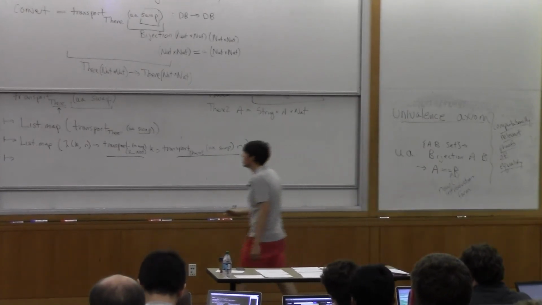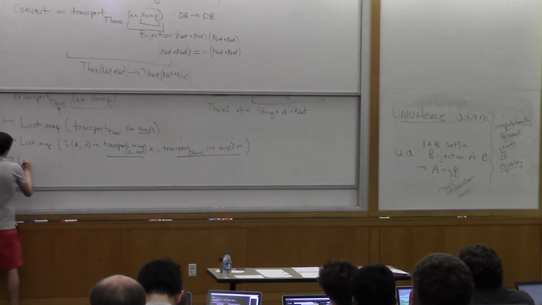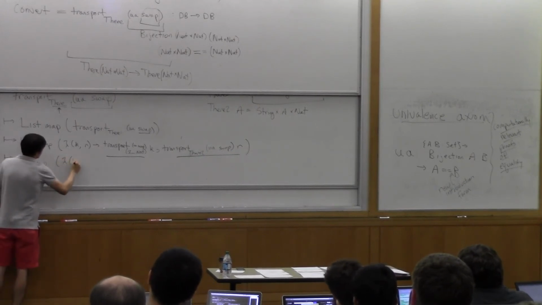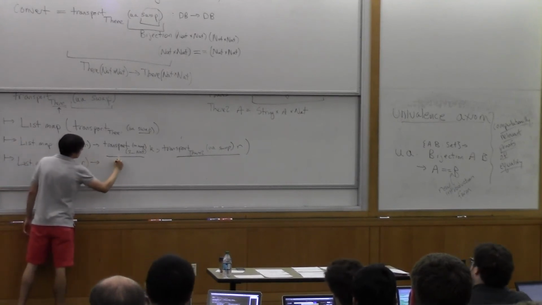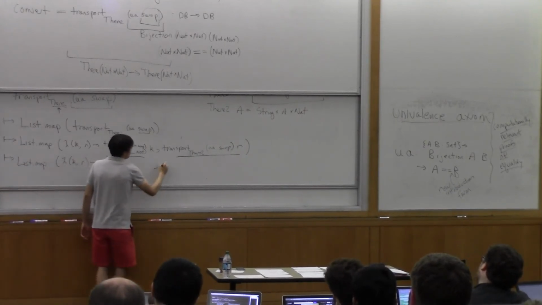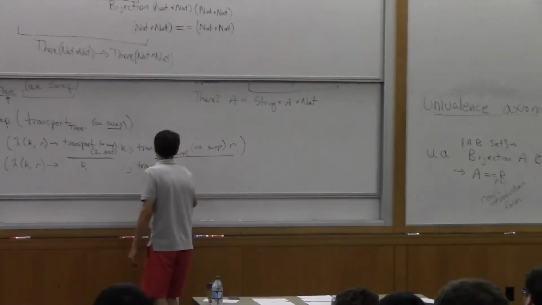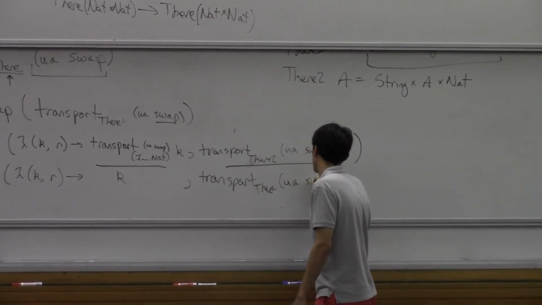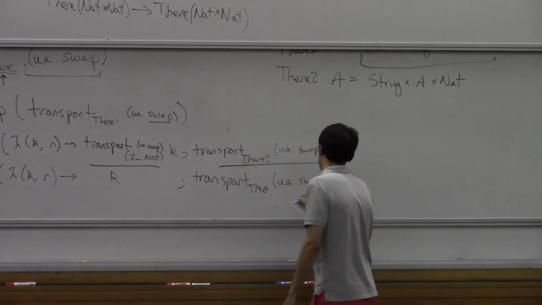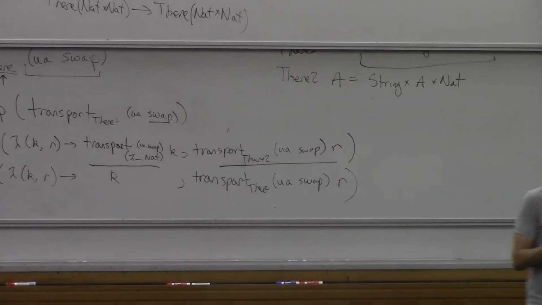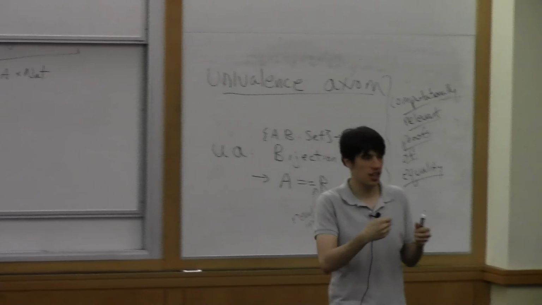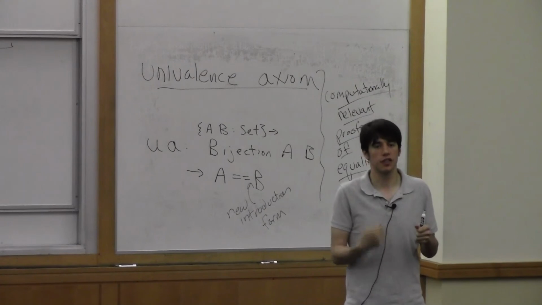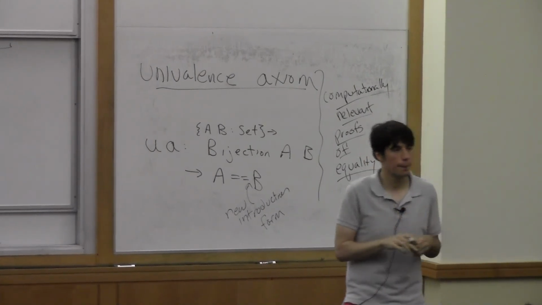So what do constant functors do? They vanish. So we get list.map of lambda kr goes to k, and then transport there two of UA swap on R. And that's just because transport is dispatching on the type family. The type family in this case is a constant one, and when you have a constant one, the transport vanishes. Good?